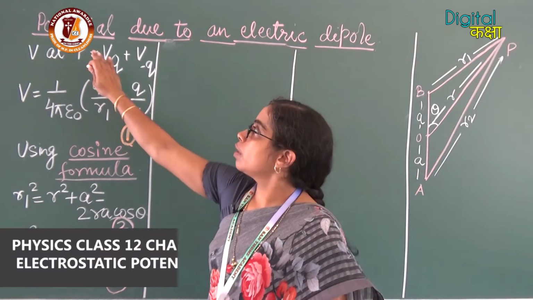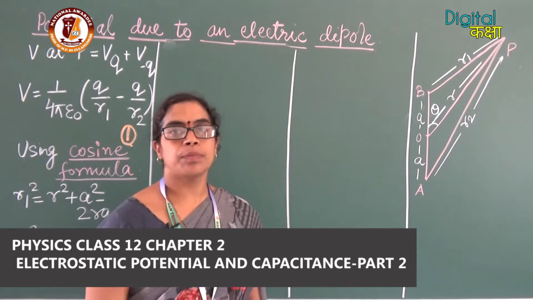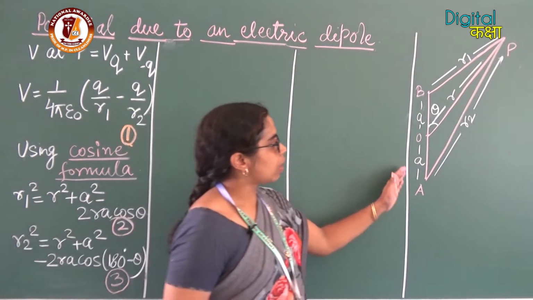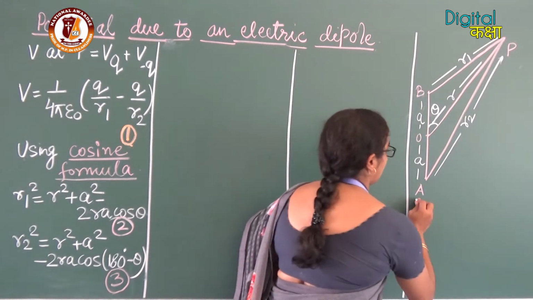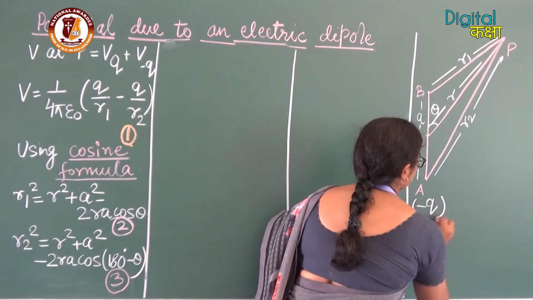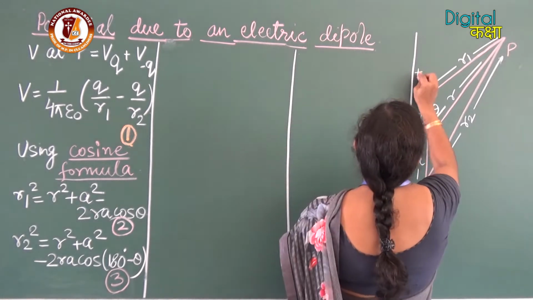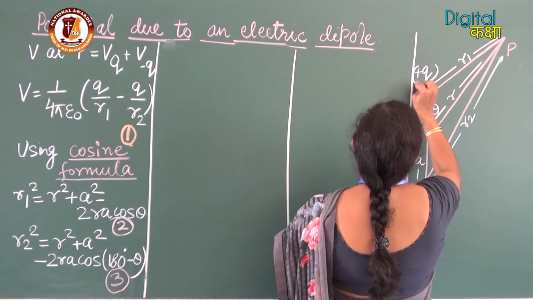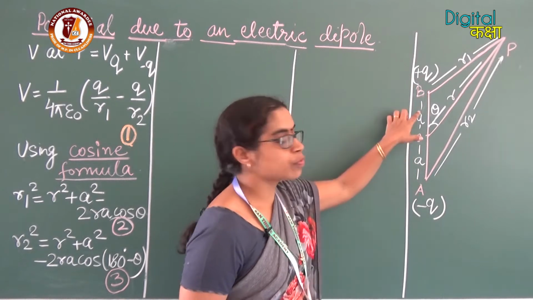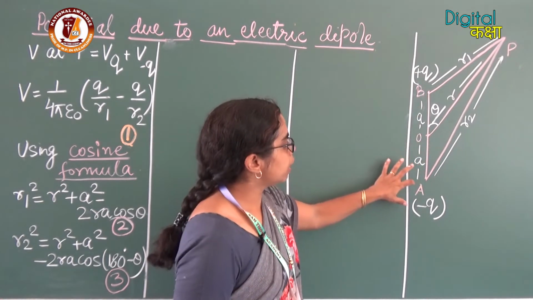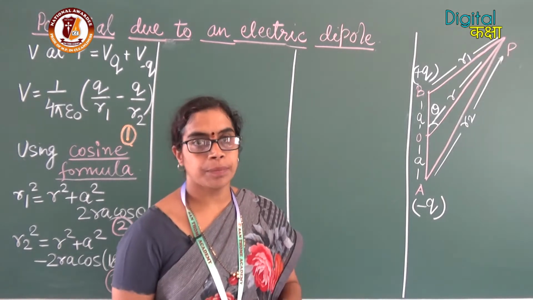We have to study about the potential due to an electric dipole. In the diagram, at point A and point B, there are two charges kept. Let us take this charge to be minus Q, and at point B, the charge is plus Q. So, this minus Q and plus Q is forming the dipole, and here the charges are separated by the total distance 2a.